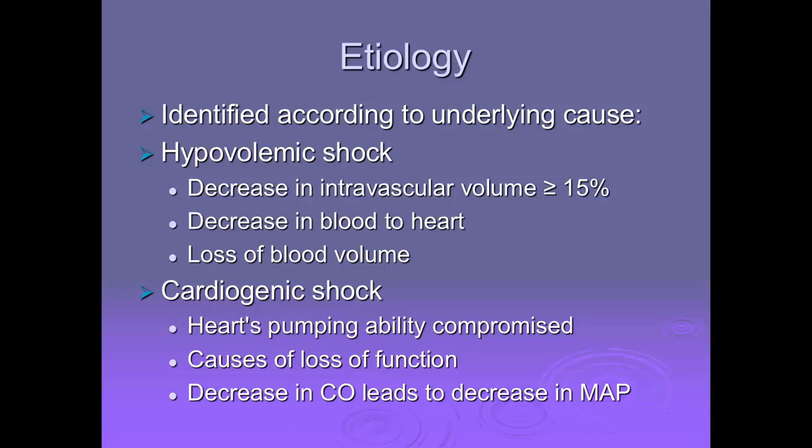They will have decreased blood return to the heart, as well as a loss of blood volume. This could be from hemorrhage, surgery, trauma, burns, severe dehydration, severe nausea, vomiting, diabetes insipidus, diuretics, and third spacing.